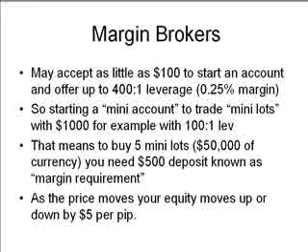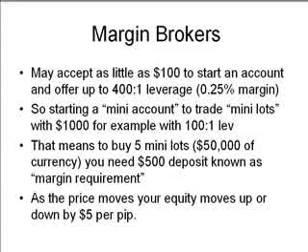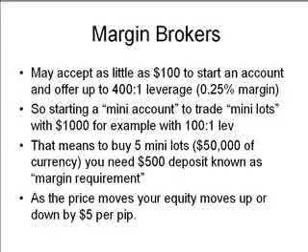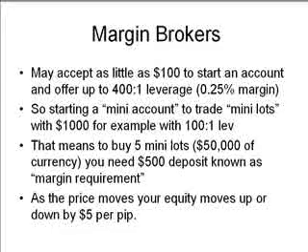Now that doesn't mean that you're necessarily going to throw away your entire $500 in a trade. It means that that $500 is allowing you to control $50,000 worth of currency on the market, and it's taken as a deposit by your margin broker to allow you to trade that vast amount relative to your account size.